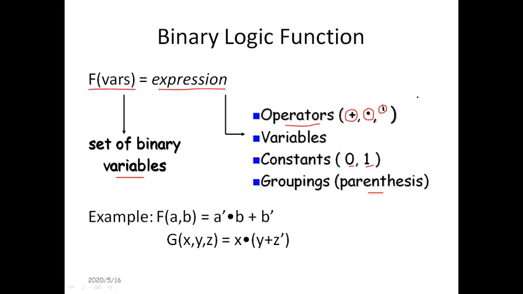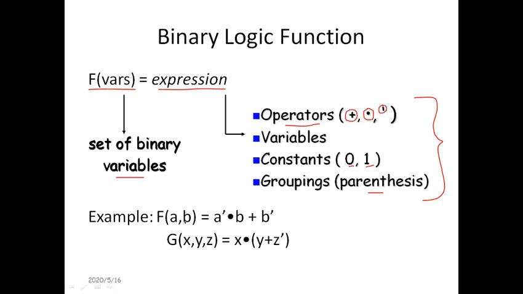Then the groupings in parentheses. Okay, so these statements are very, very important in helping us understand the expression of the binary logic function. Let's look at a typical example of the representation of a binary logic function. So we have f, then in brackets a and b.